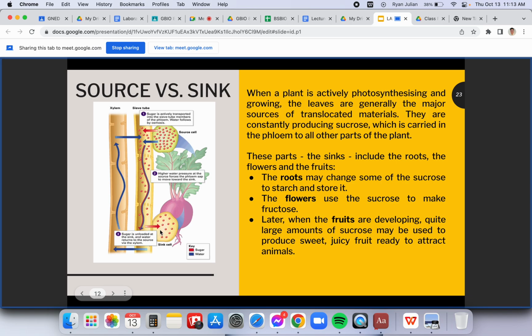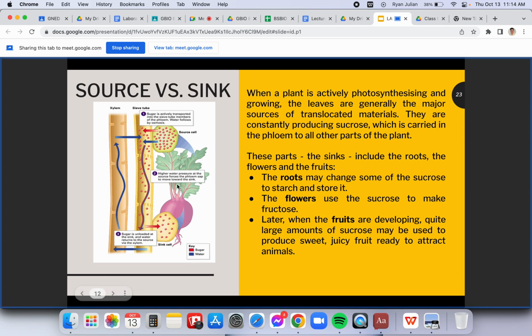Having said that, sink cells are scattered on this structure that you are seeing right now in a radish, which is the model of fruit that we are utilizing. Second step, higher water pressure at the source forces the phloem sap to move toward the sink.